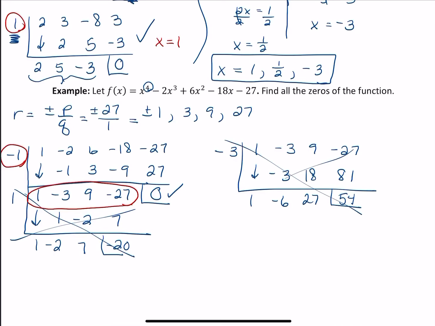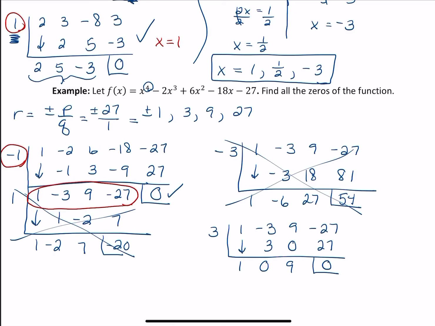So my -3 doesn't work. So let's try a +3. And yes, this is what you're going to have to do. You're going to have to just guess and check until you get the correct zeros. I actually think this one might work. And it does. So I found another 0 at 3.